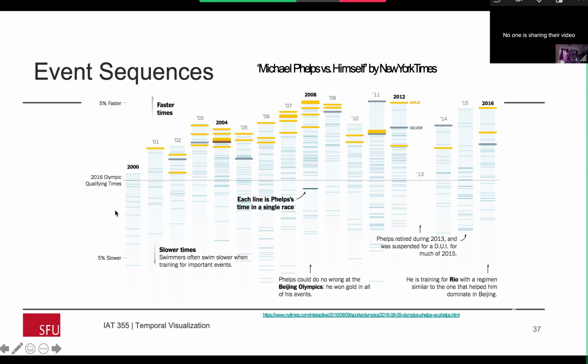So there's time being plotted in two ways here. Horizontally, of course, is the year, and vertically is this percentage faster or slower than the qualifying time. And as in 2008 in Beijing, as the little annotation says, Phelps could do no wrong at the Beijing Olympics. He won gold in every event he swam in.